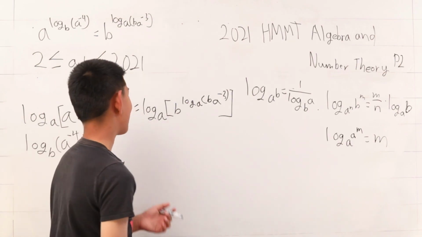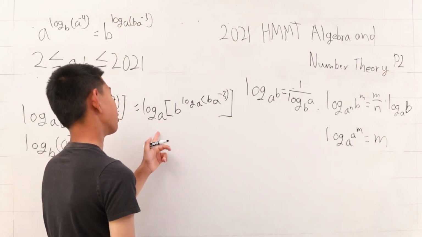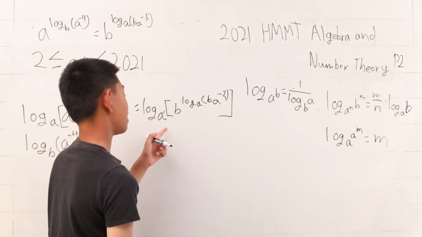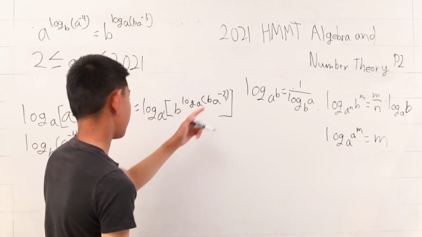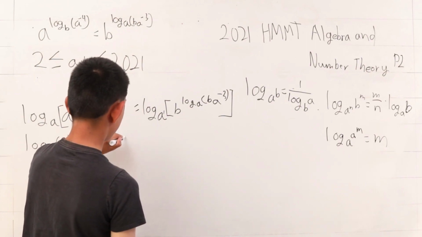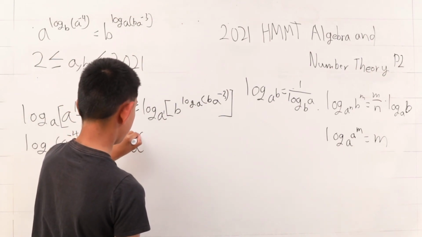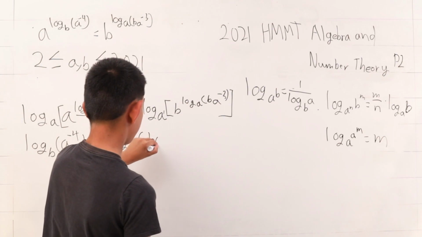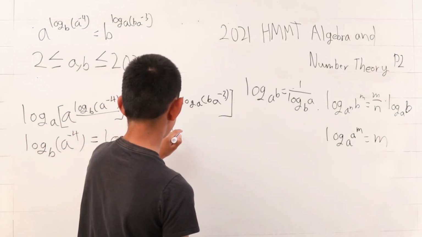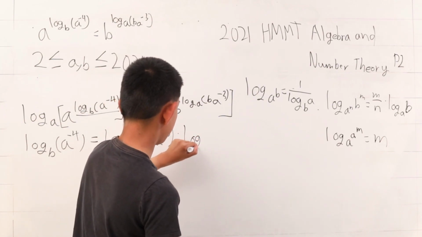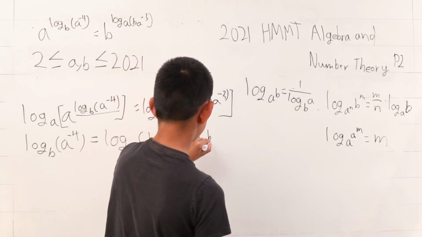But you must be asking, wait, there's no power here. Well, we can see it as a to the 1 power. This divided by 1 is still itself, so log base a of ba to the power of negative 3, and then you just multiply it by log base a of b.